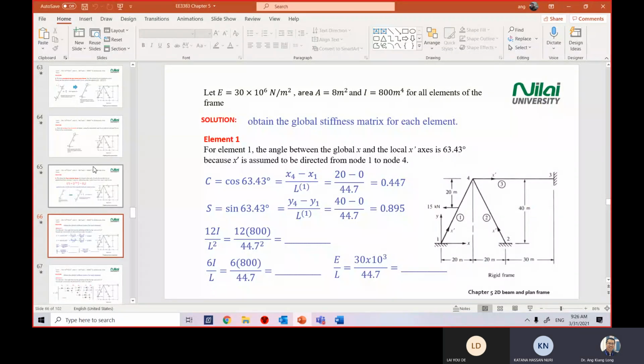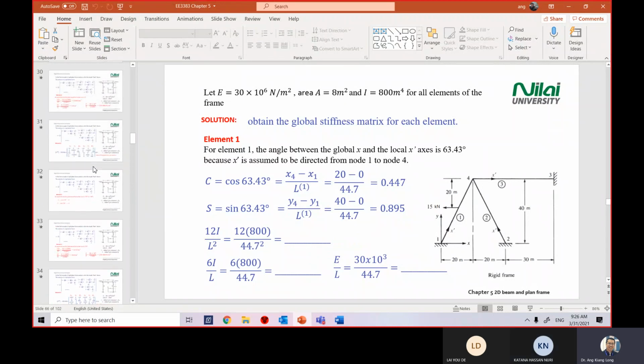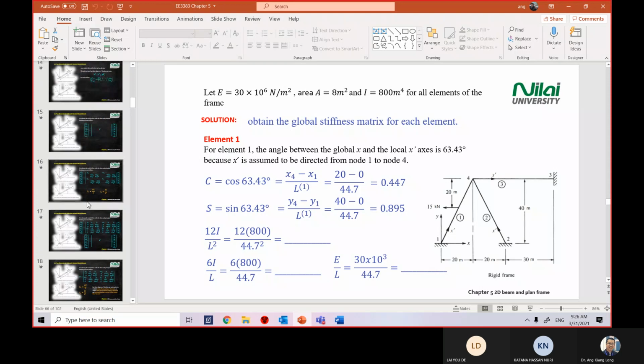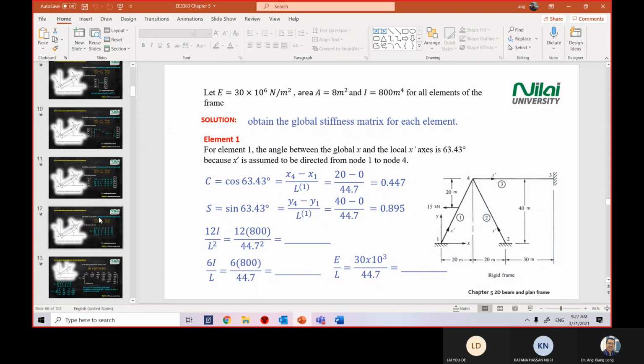Little bit. Oh, forget already. Okay, just recap the 5 important equations.